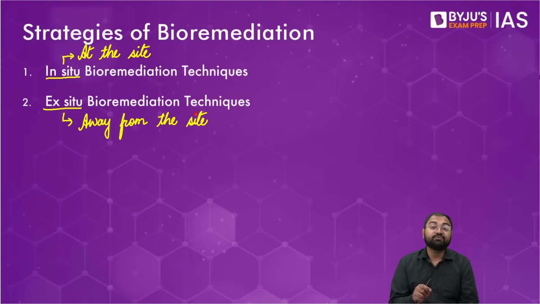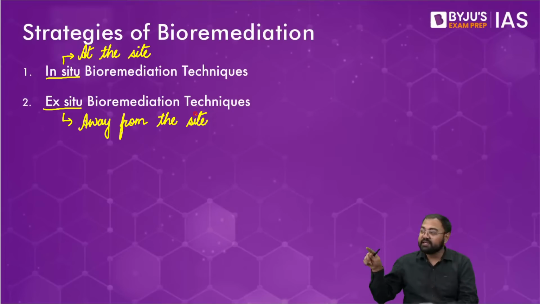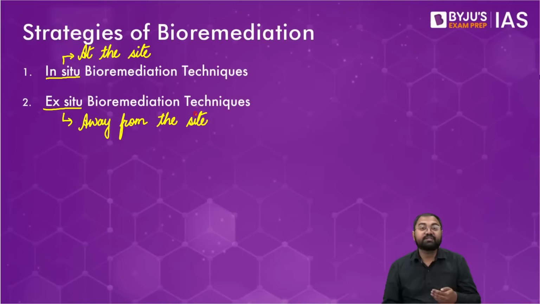On the other hand, we have ex situ bioremediation, where whatever contamination has happened, we first take that contamination away from the site of contamination and we treat it there. So when you treat it at the site of contamination itself, you'll say that it is in situ bioremediation. And when you do the treatment away from the site of contamination, you will say that it is ex situ bioremediation.